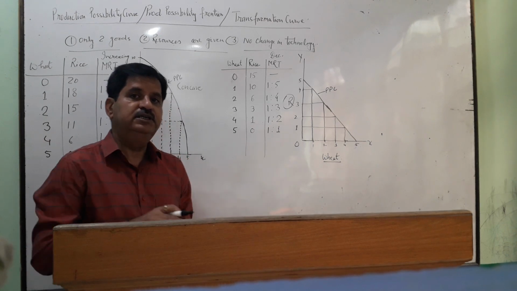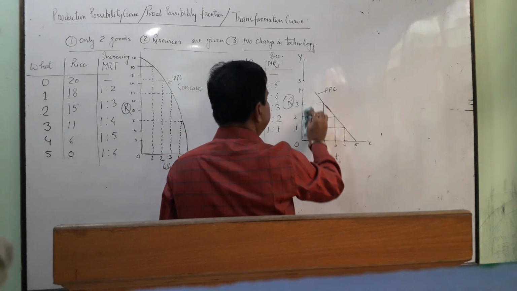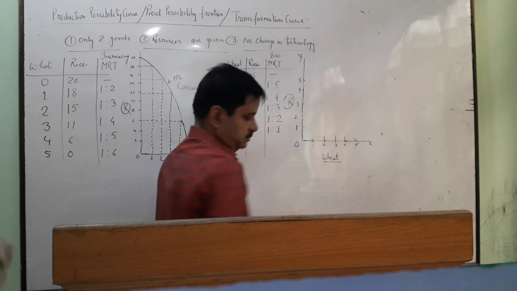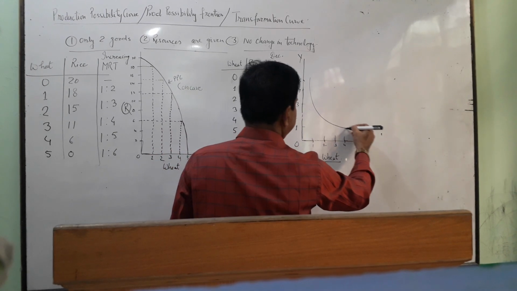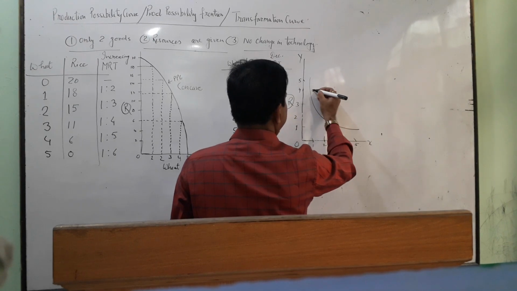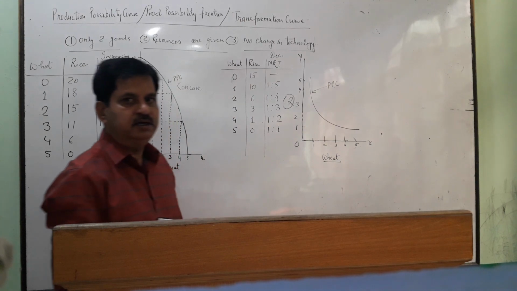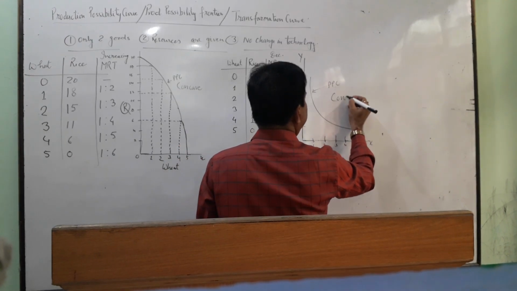If there is diminishing marginal rate of transformation, remember this, the curve will be like this. The production possibility curve will be convex to the origin.